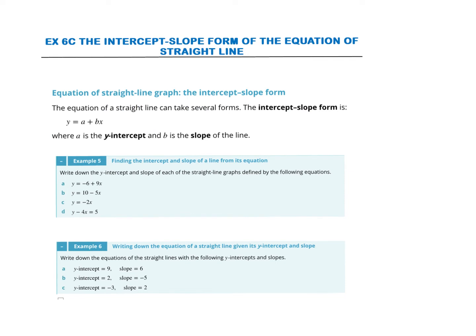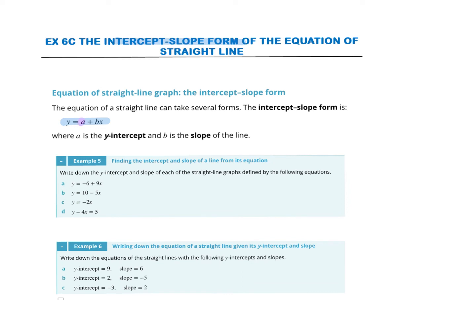Okay, so we'll be given equations, and what we call this is the intercept slope form. It's when it looks like this, y equals. And what you're going to do is just read off.